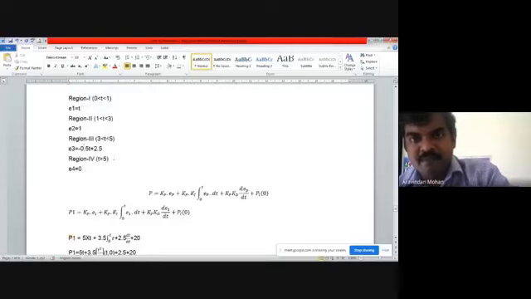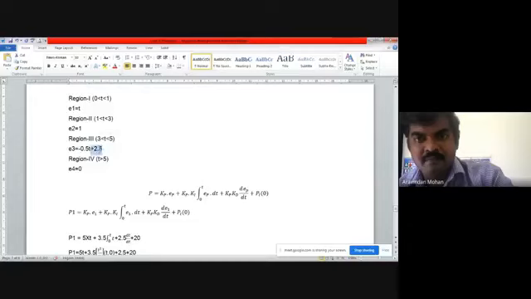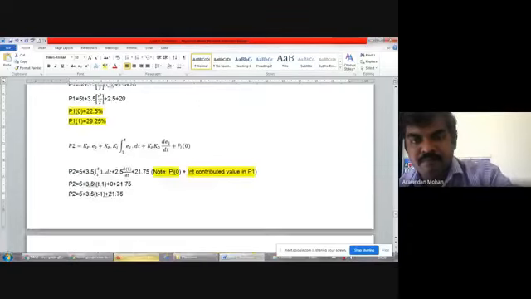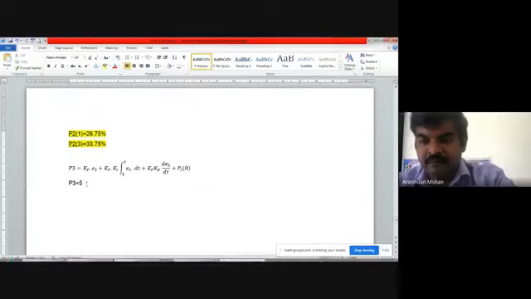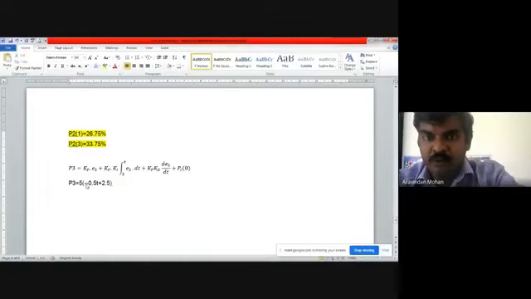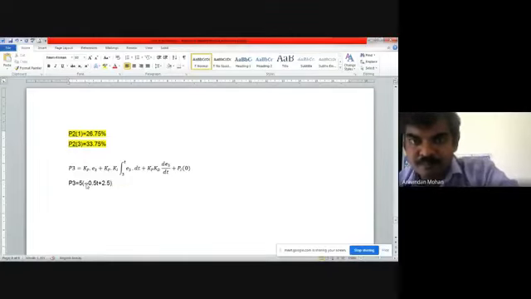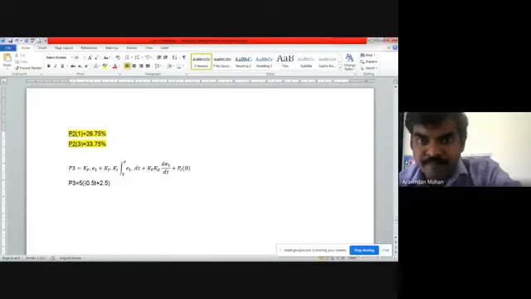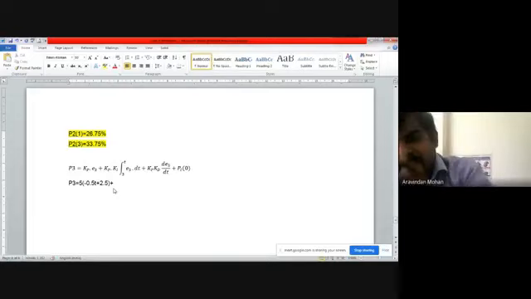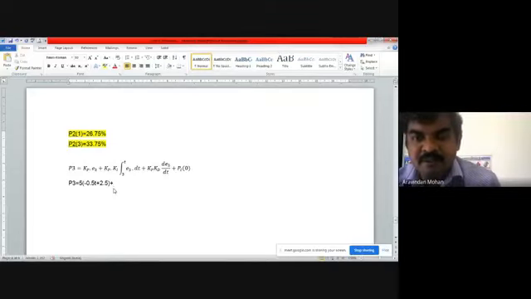Let me copy this value, minus 0.5 t plus 2.5 is the error value. Plus Kp into Ka, Kp is equal to 5 and Ka is equal to 0.7, so it is equal to 3.5.